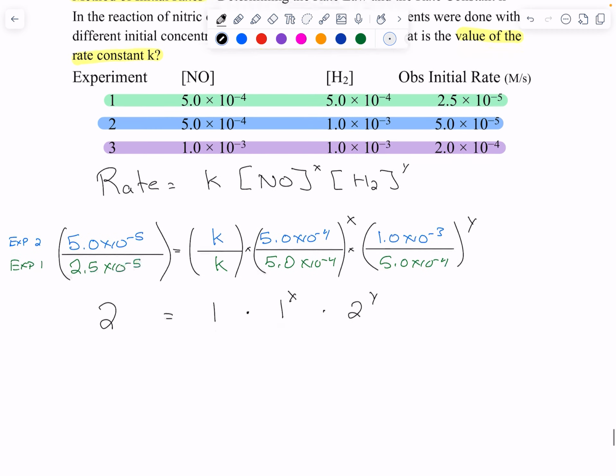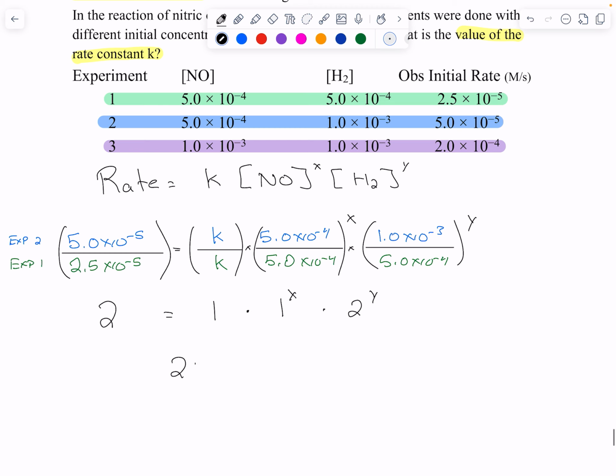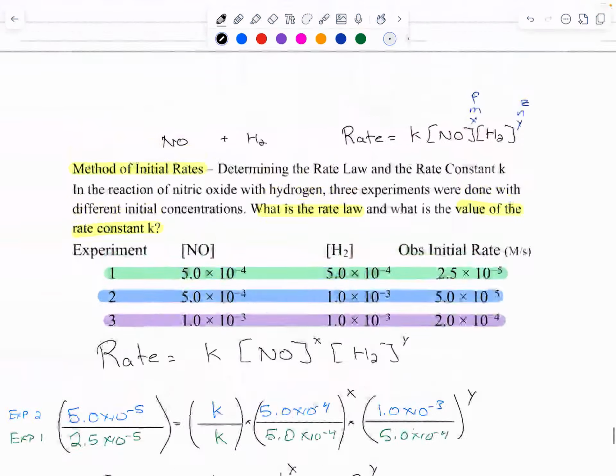All right, if I simplify that, 2 equals 1 times 1 to the X, well, 1 to any power is 1, so it equals 2 to the Y power. Now, you probably don't need a calculator to solve this to know that Y then is 1. But let's review logs. So I'm going to scroll up and let's talk about logs.